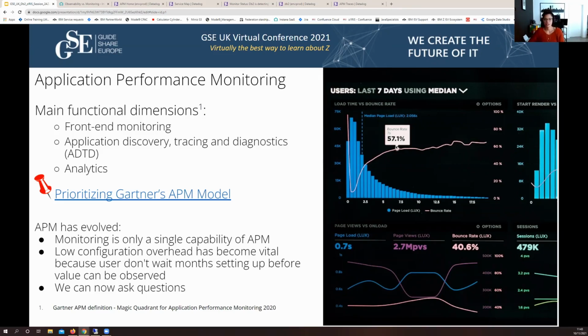Looking at the dimensions I've mentioned, we can see that APM isn't really just monitoring. It's not just a dashboard with a graph and maybe a few alerts as well. It's evolved over time, and it's evolved with DevOps. It's evolved with that practice of agile methodologies to sort of cater for volatile workloads.